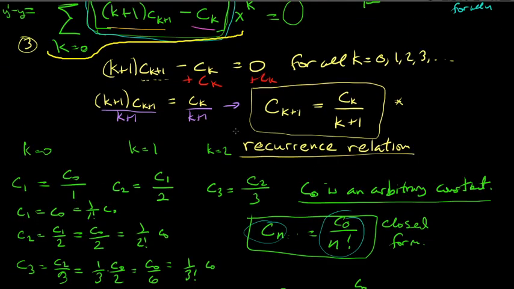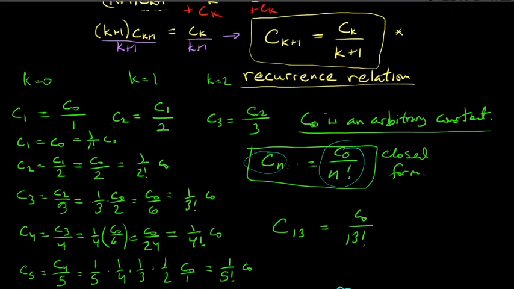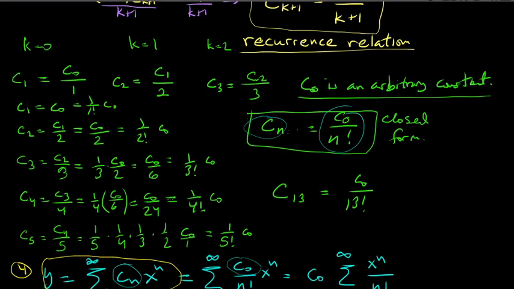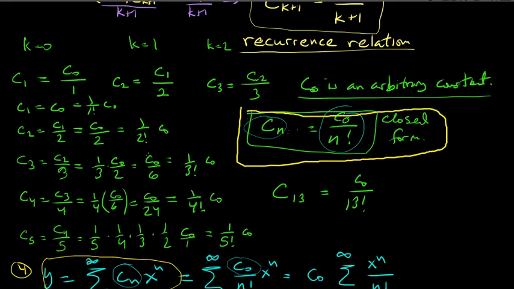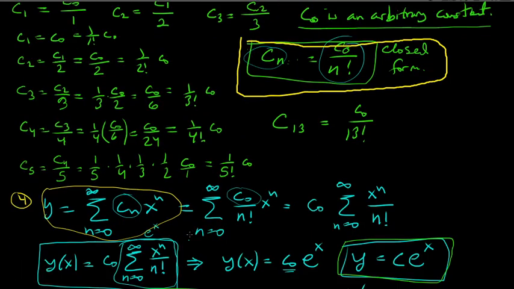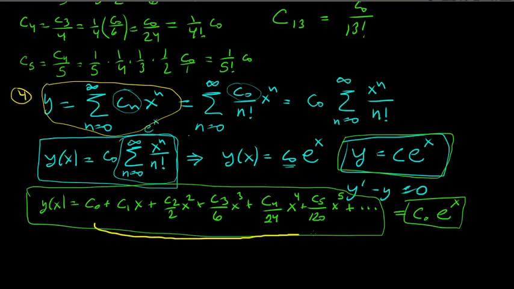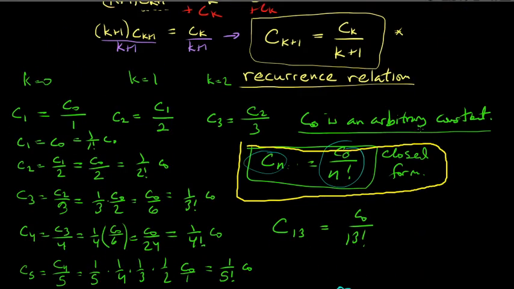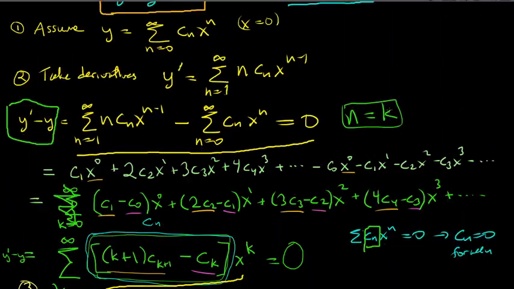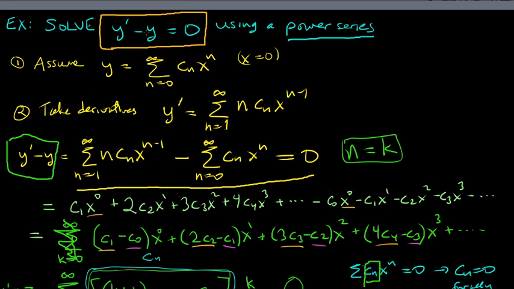Again, sometimes you might have to write out a few terms to get the pattern. And if you don't see the pattern, if you can't write it as a closed form like this, then you just leave it in terms of these numbers here, and then write out the first few terms. Okay, so that's going to be our method for solving power series in general.